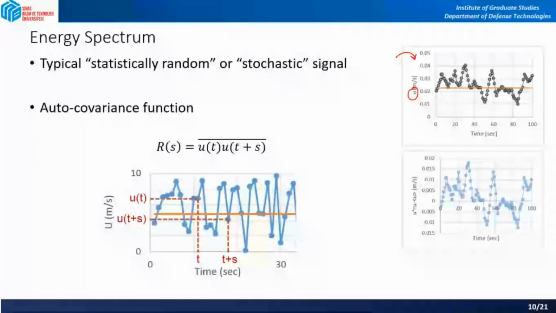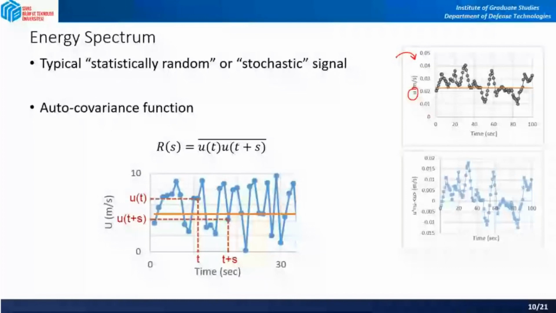As a typical example, these two distributions of the autocorrelation function are obtained from two different signals. For example, one signal gives me the blue one, another signal gives me the orange one. And you see that they do not give the same information.